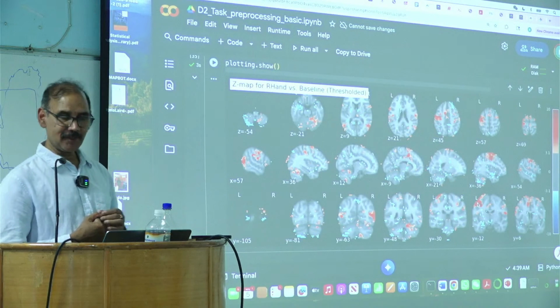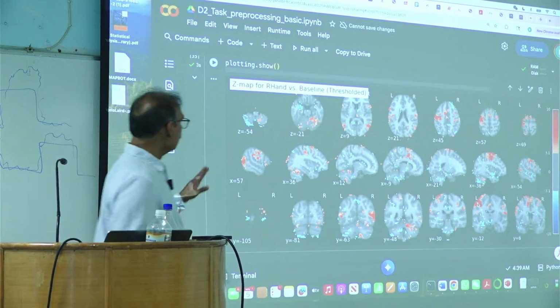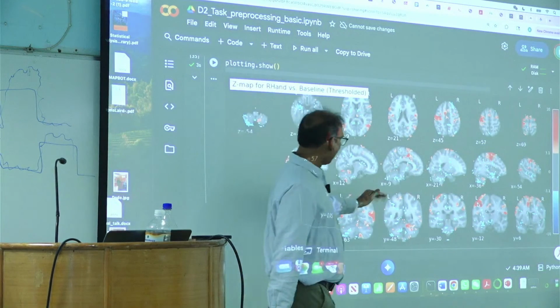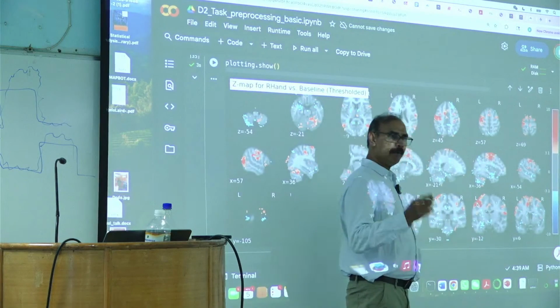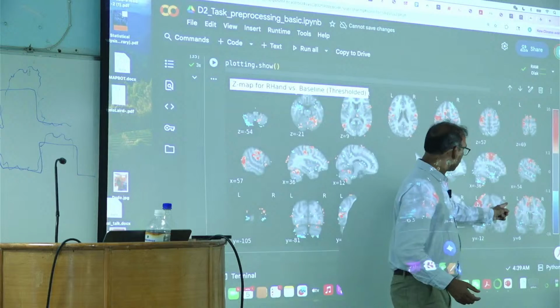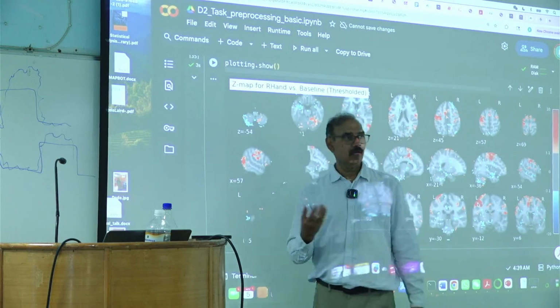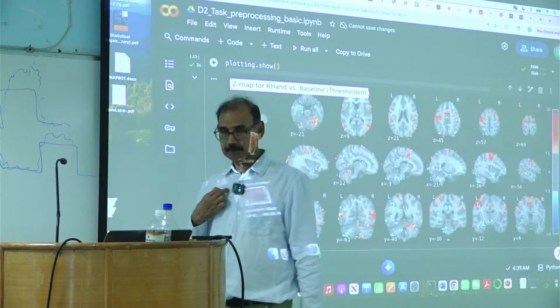Yeah, very good. So in this case, right hand activates mostly the left, but you also see some voxels from the right hand which gets activated.